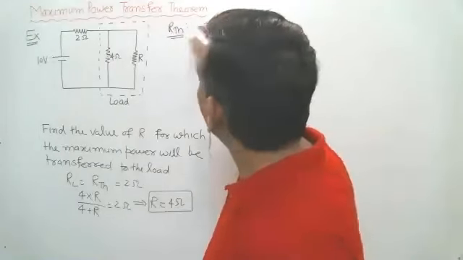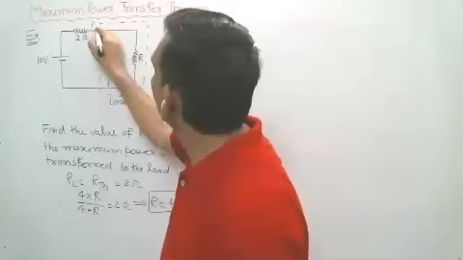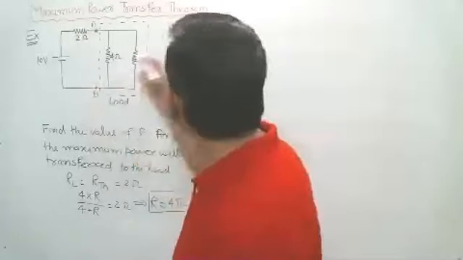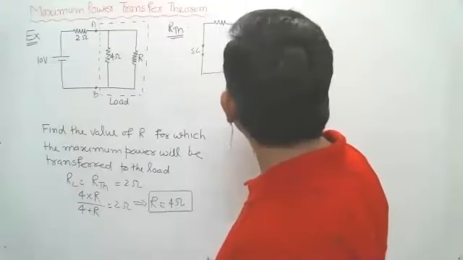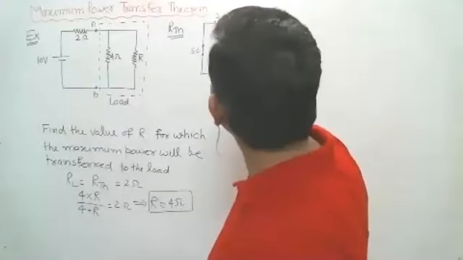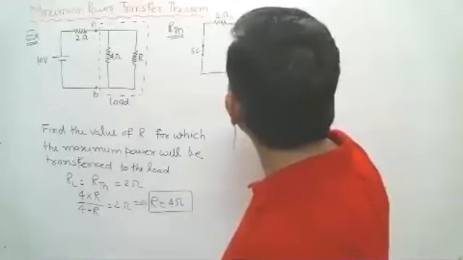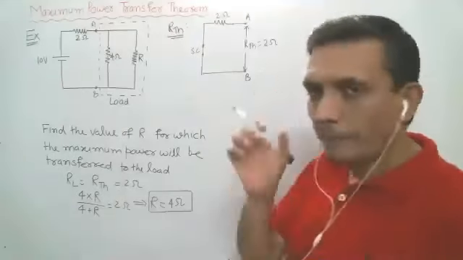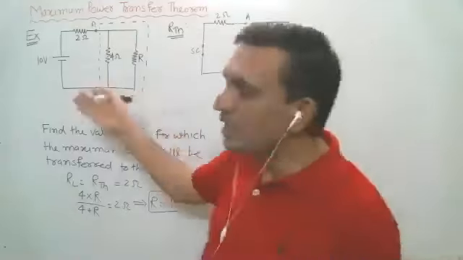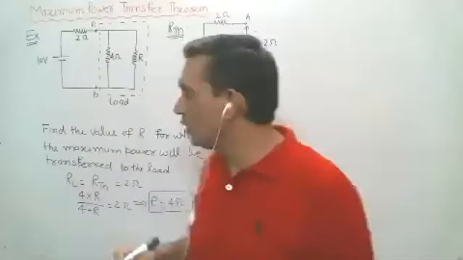This is 2 ohm. This point is A. This point is B. So draw Thevenin's equivalent. In each case, you have to find RTH. Is it clear? So again, you have to see the application of Thevenin's theorem.